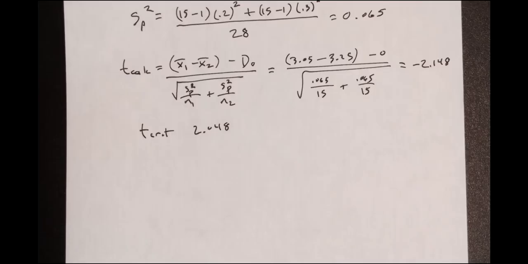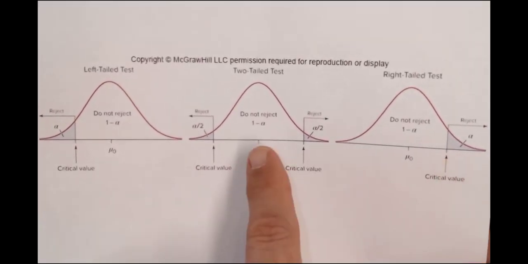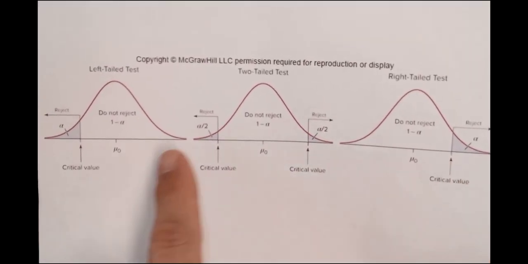The same thing we did when we were doing single samples. The fact that this is two samples doesn't change what we are doing. I need to know if we're in the rejection area. In a left tail test, that's here, and a right tail test, that's here, and a two tail test, that's here.